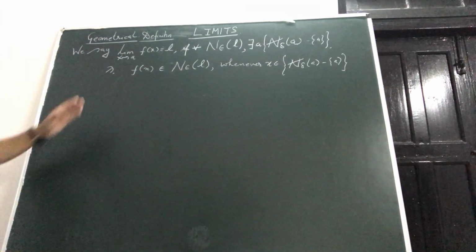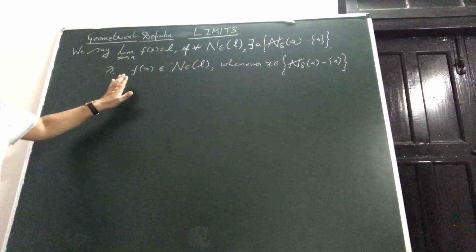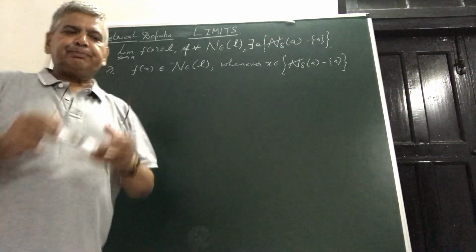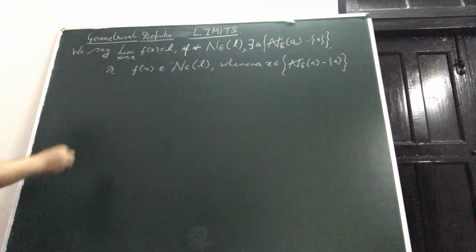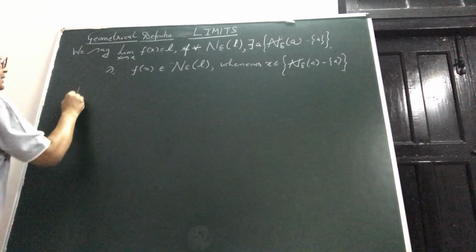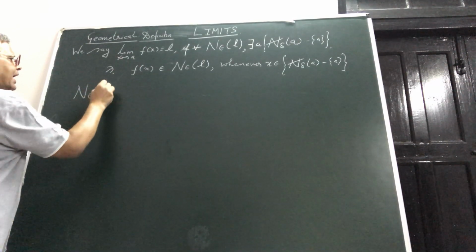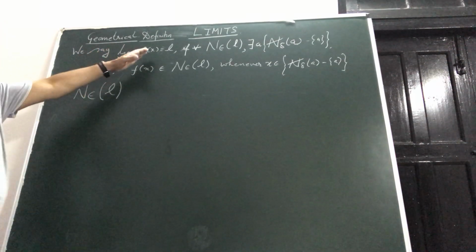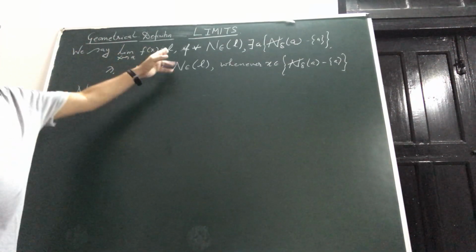Now, as I have been telling you, this is the geometrical definition, and we have also explained on that particular day two important identities. One was what this epsilon neighborhood of L will mean here in context to these symbols.